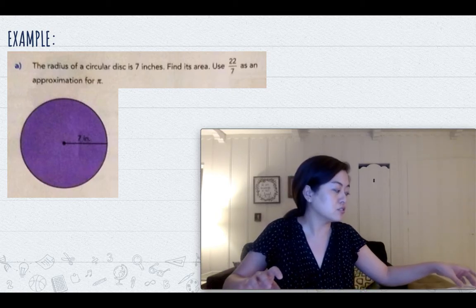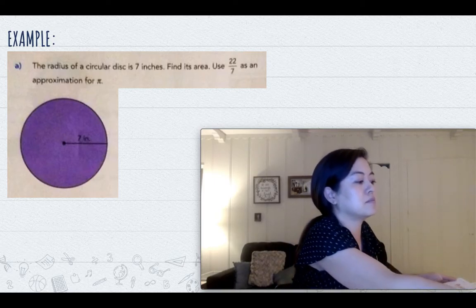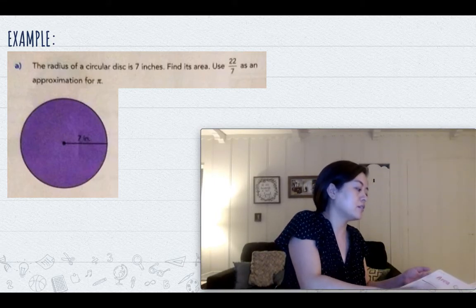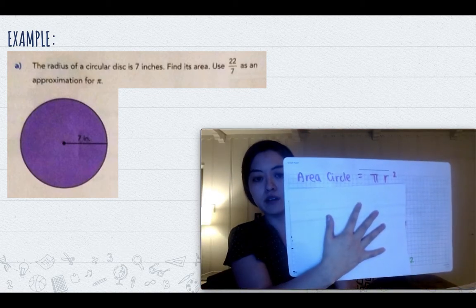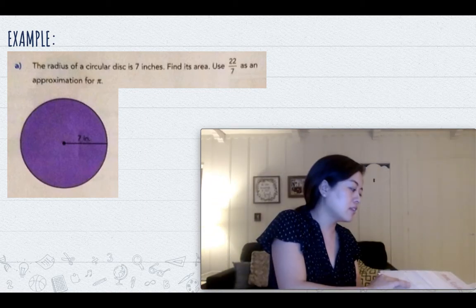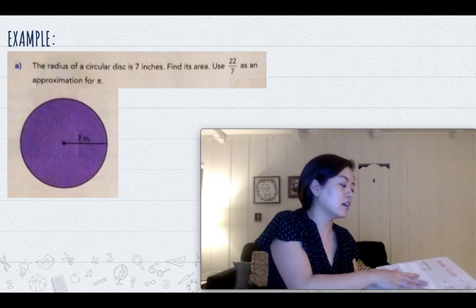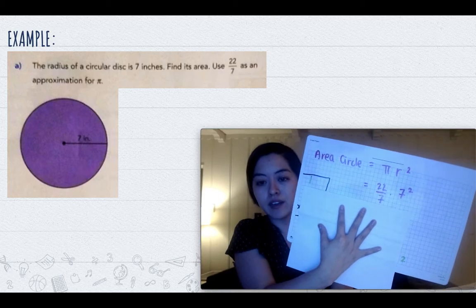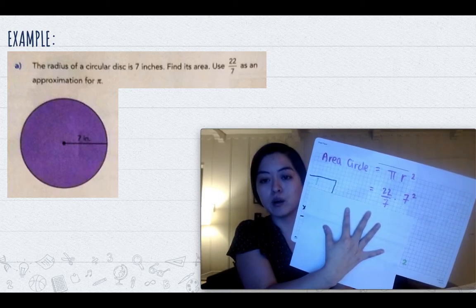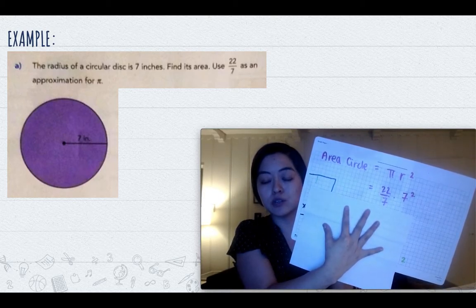All right, so I know that the area of a circle is pi r squared. Then I use pi as 22/7, and my radius is 7, so I'm going to square that.